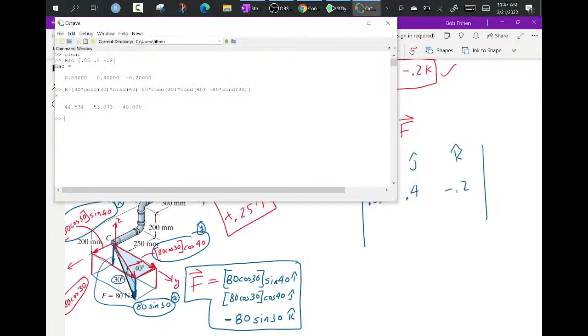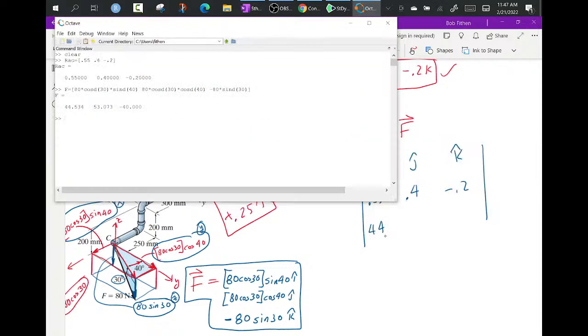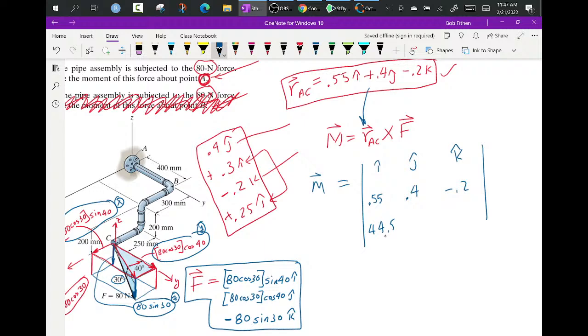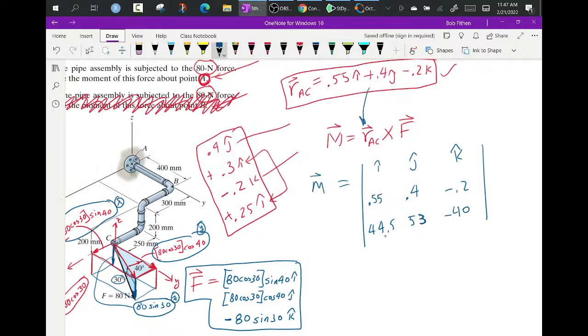Now, the force vector is 44.5, and I'm too lazy to write the others, 53 and minus 40.